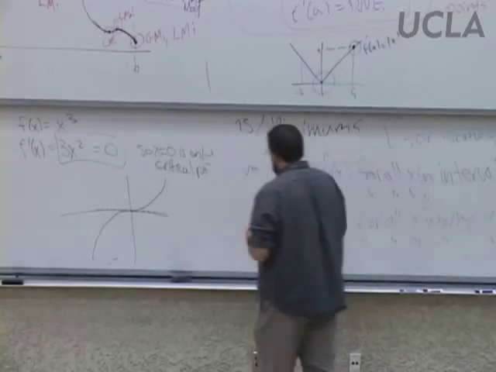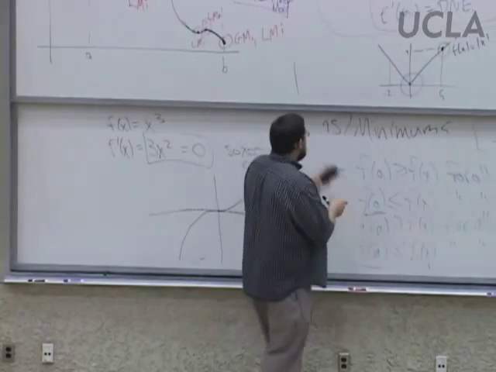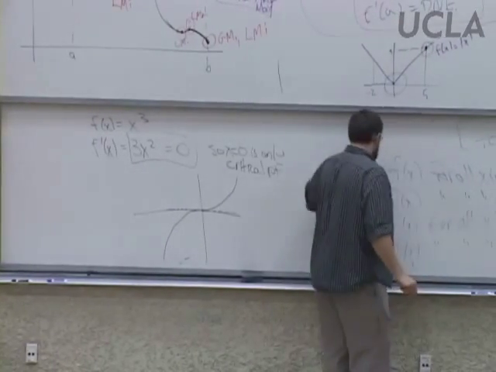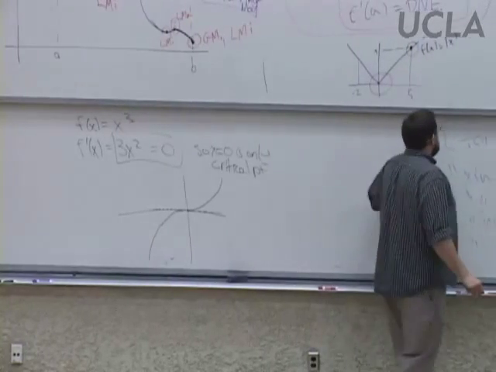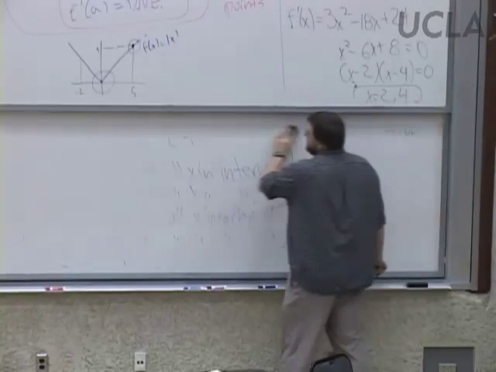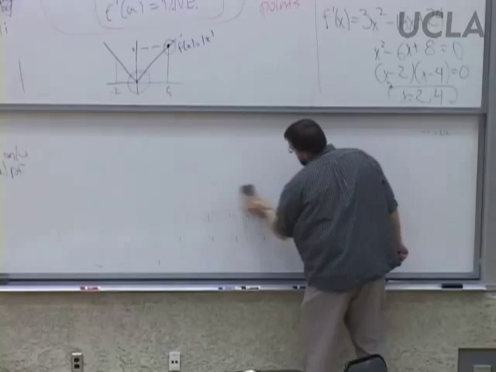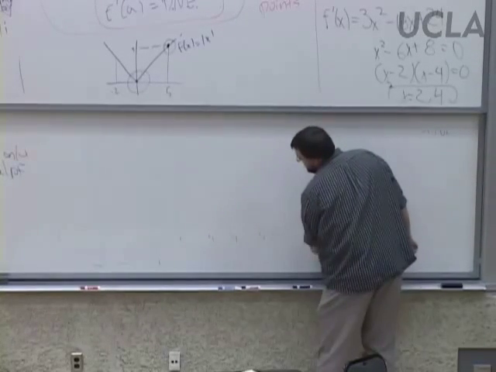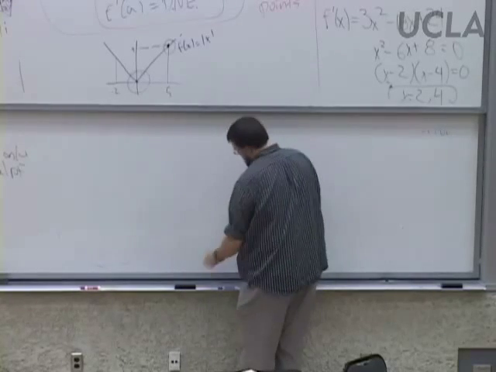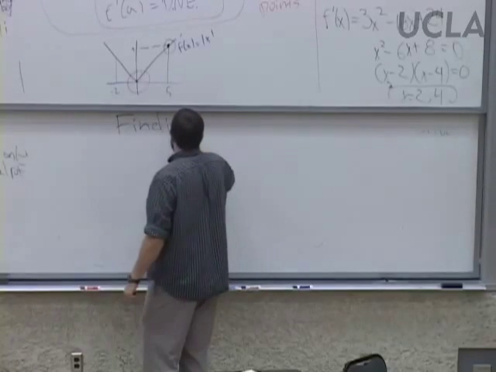OK. So now let's talk about how do we actually go about finding these global maxes and global mins. Well, we have a pretty good idea of where they can happen. So what we're going to do is we're essentially going to say, we know where it should happen, and we're going to make a list. We're going to say, it's going to happen at one of these points. So let me catch up to what I was saying.